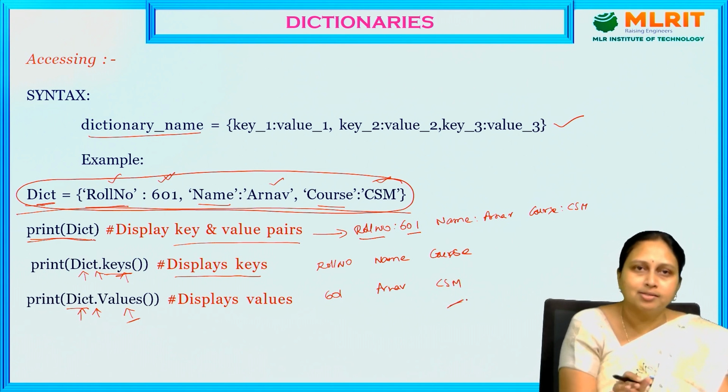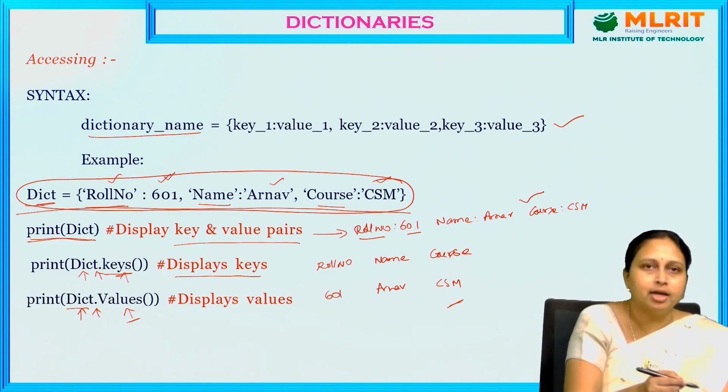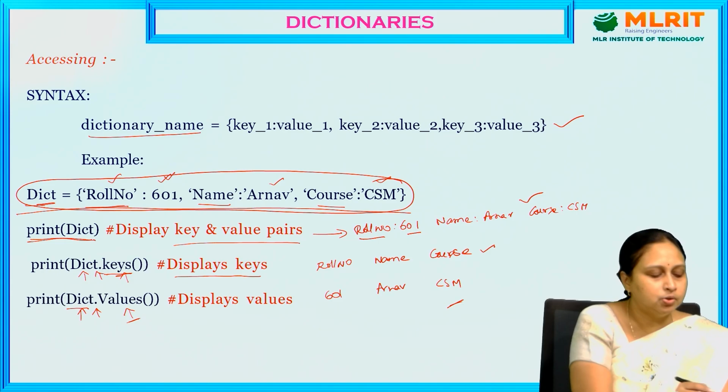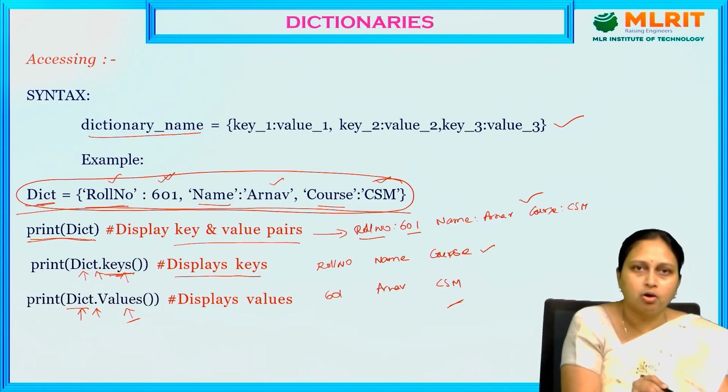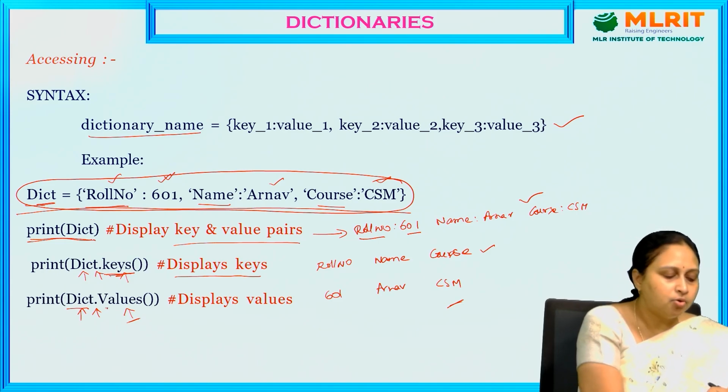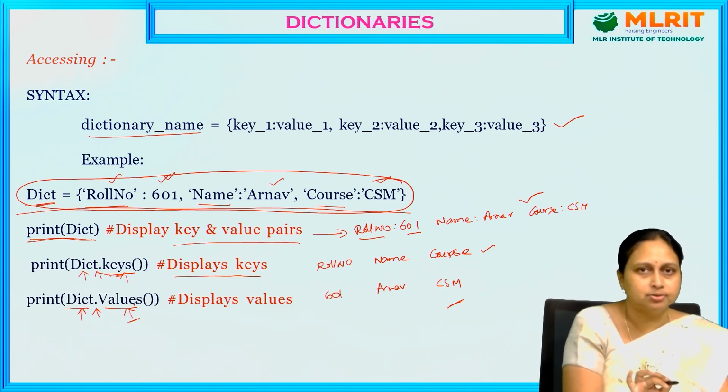If I want to access the complete dictionary, I can use dict. If I want to access only keys, I can use the keys function with the dot operator, and if I want to access only the values, I can use the dot values function.